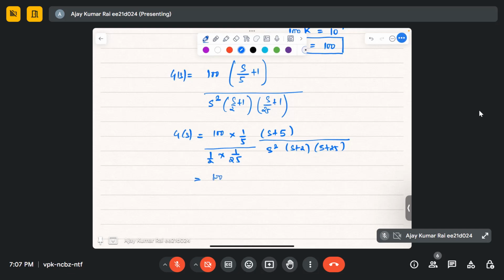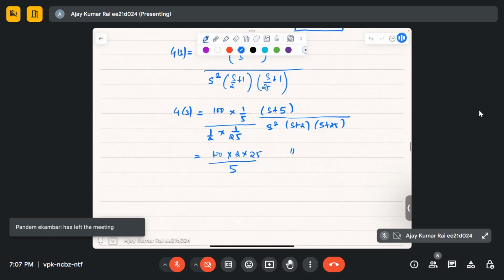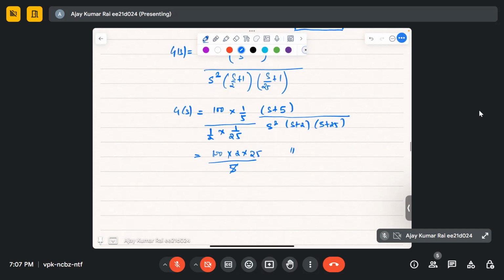Let's solve here. 2 into 25, this is 50. Again the rest is here. So what are you getting? 1000, right? You're getting 1000 into s plus 5, over s squared, s plus 2, s plus 25.